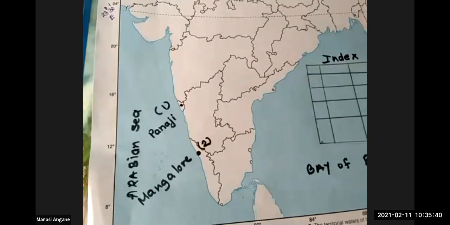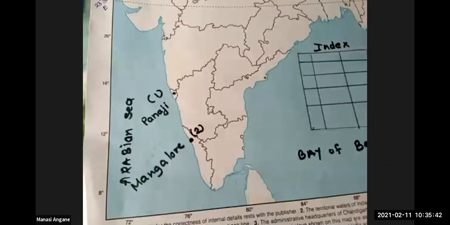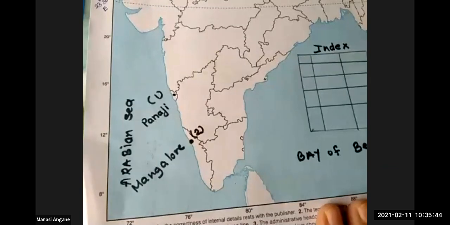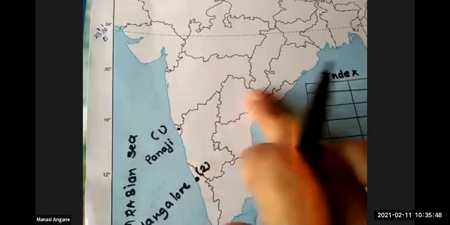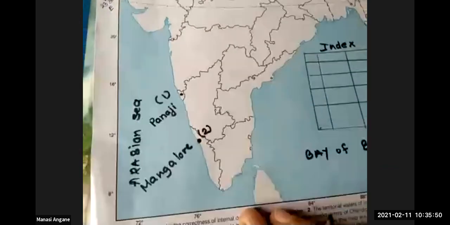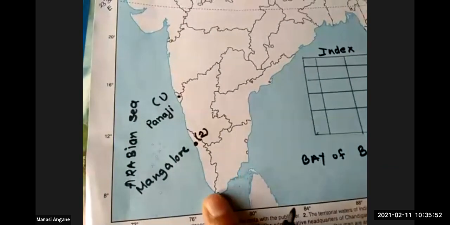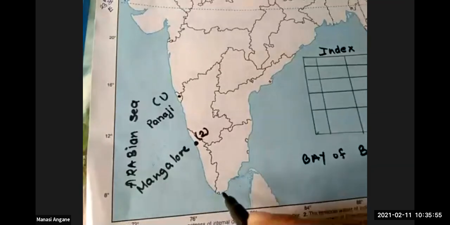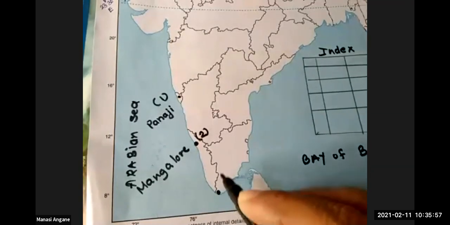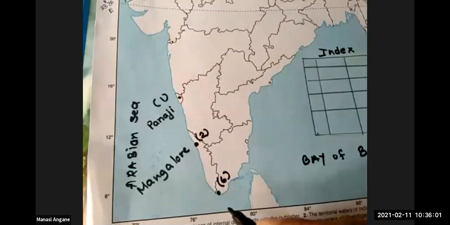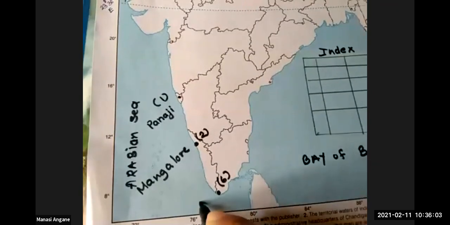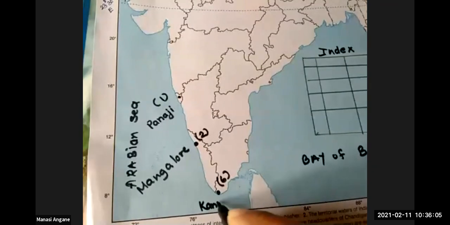Now let's go to the next one. Now we'll cover first what is asked in the south part. See, Kanyakumari is there. We'll cover this particular place first. Now Kanyakumari, you know that is the last part, the down part. This is the sixth. Always remember to put the proper number. This is not the third one. This is your question six, which is asked, that is Kanyakumari.